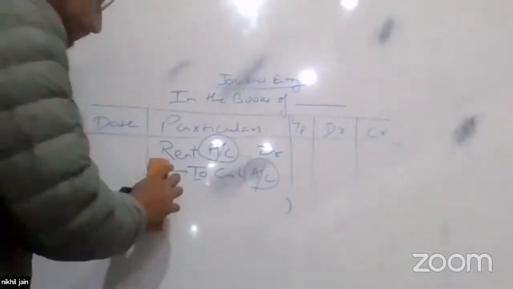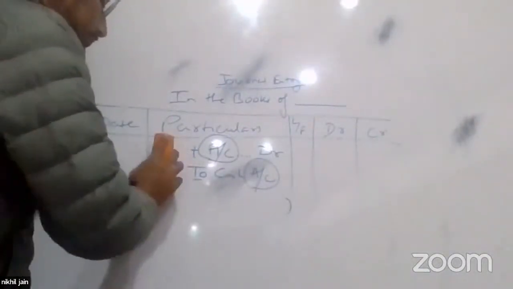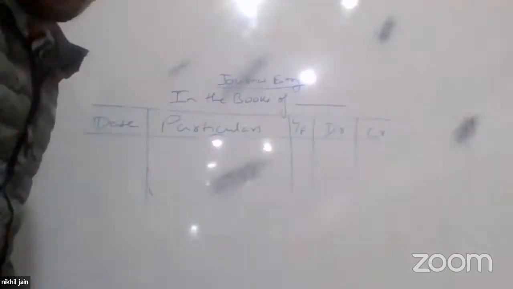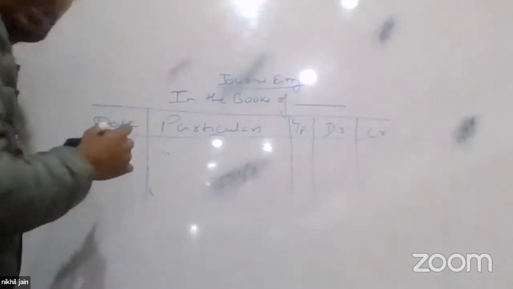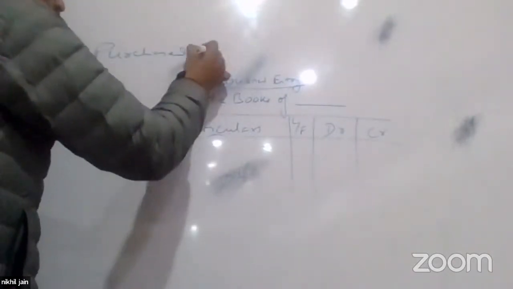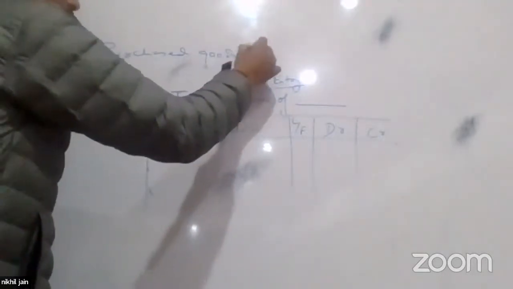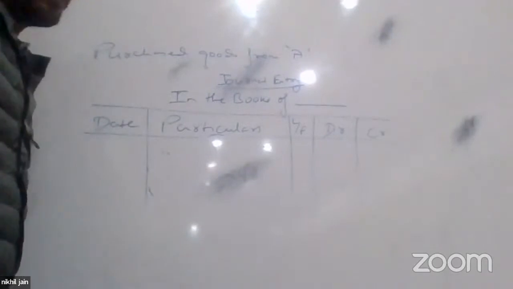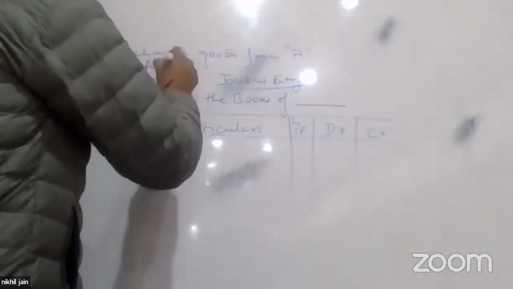Do you know how to record the names of persons? Suppose it is mentioned: purchased goods from A for rupees 50,000.